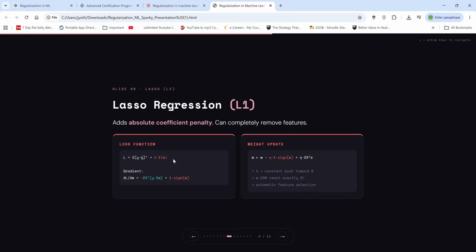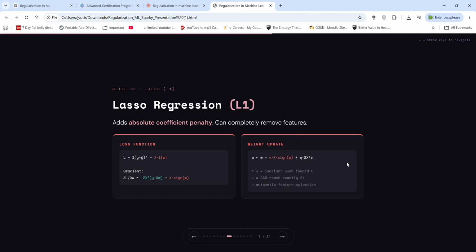Again we calculate the gradient descent, and then we come up with a formula for lasso. What is the formula for lasso? Theta 1 is equal to lambda plus 2xy divided by 2x square.